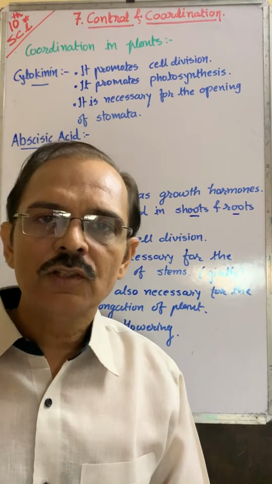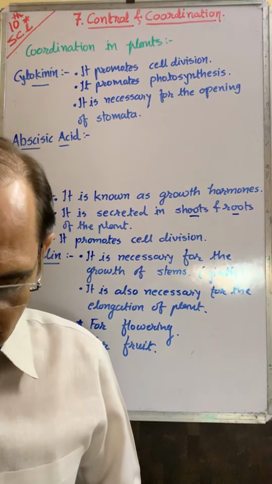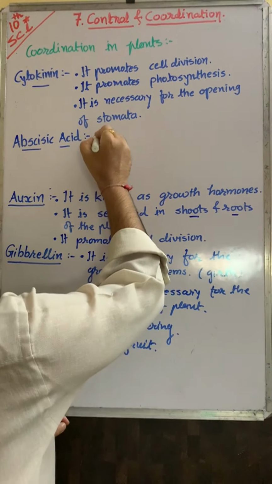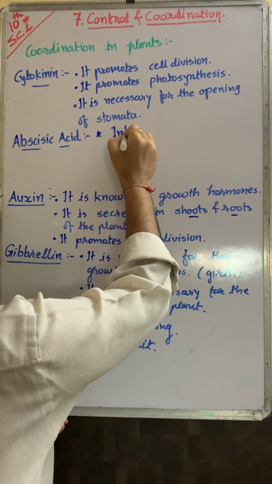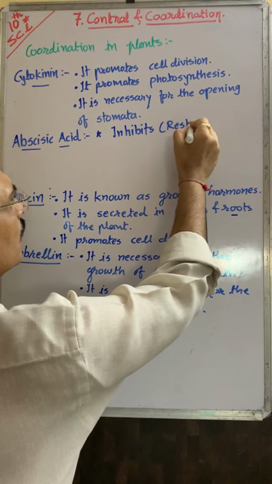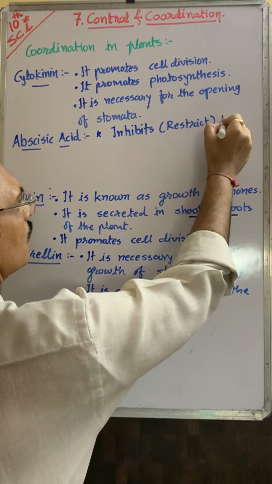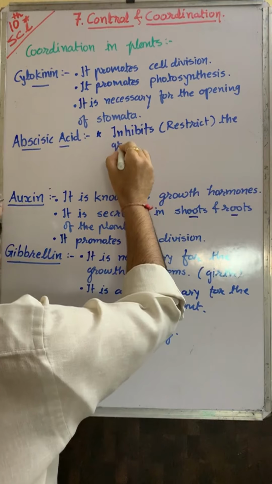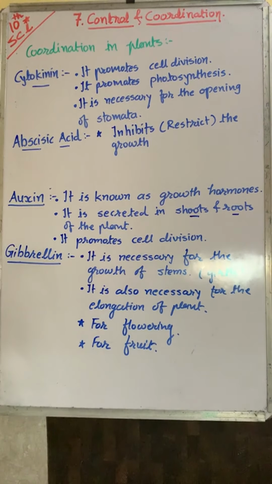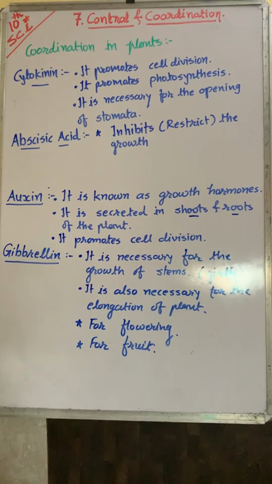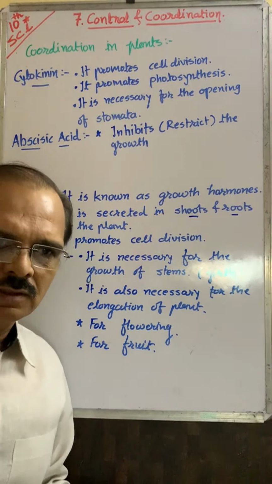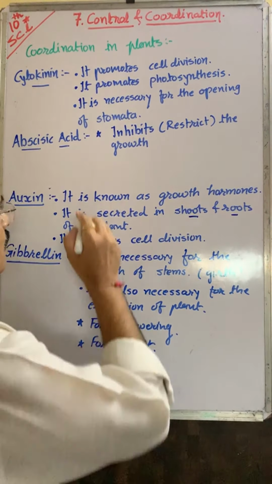Is it okay? So in this way, question will ask or question will twist it. So you can write here abscisic acid, it inhibits, means restricts the growth. Means abscisic acid is necessary for the response towards environmental stress.